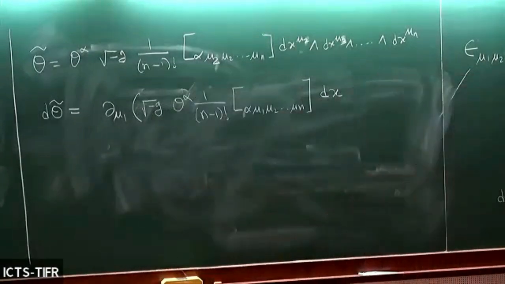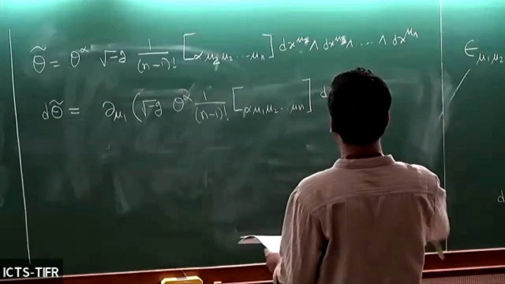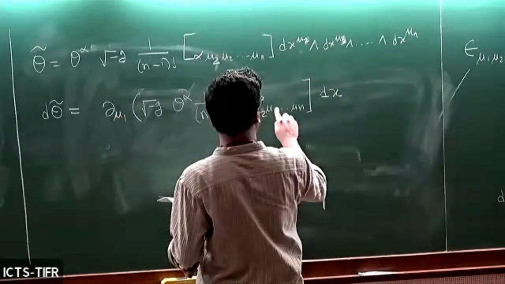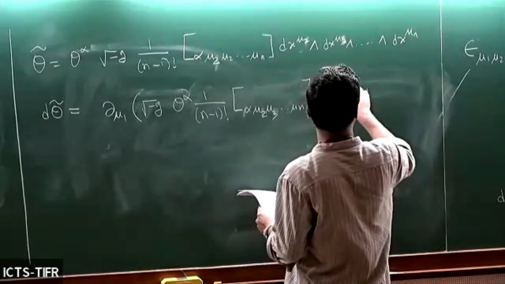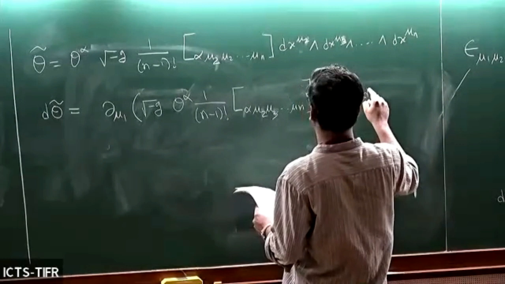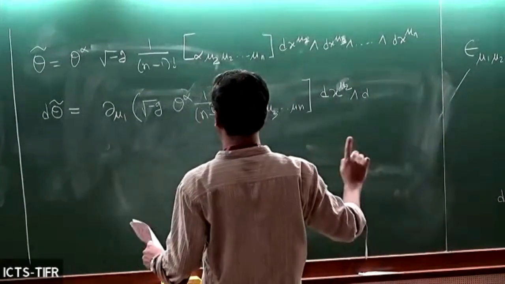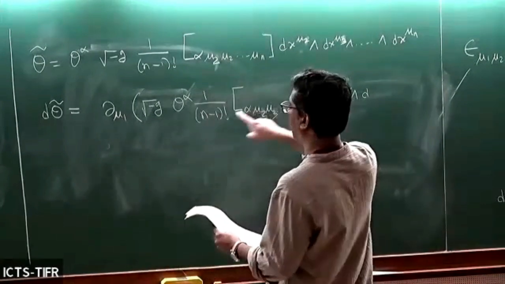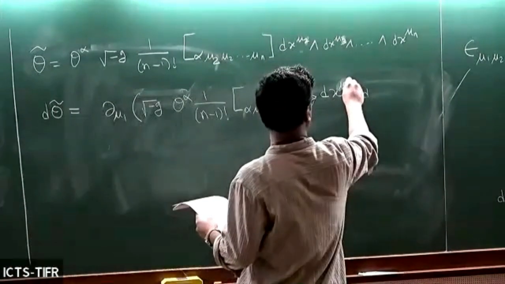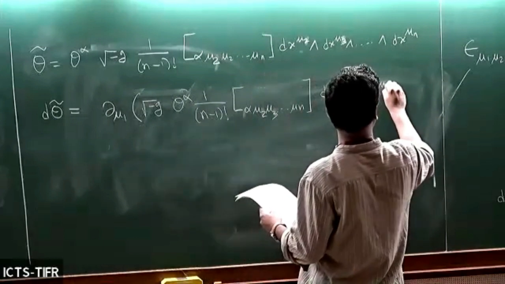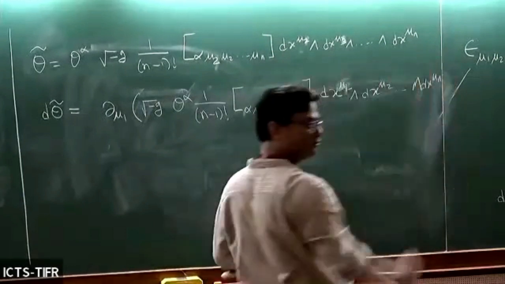Let's go ahead. What did I write? So this is mu2, mu3, which d of mu2, and there is a mu1 now, and then x mu2 dot x mu1. Correct. Thanks. Now it is perfect.